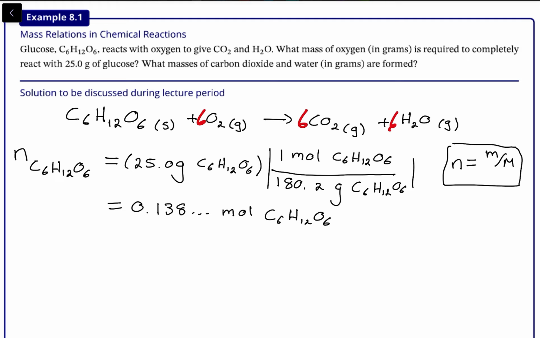All right, so this should be where you get to right now. Remember, to get the molar mass, you just sum the individual molar masses of 6 carbons, 12 hydrogens, and 6 oxygens from your periodic table.